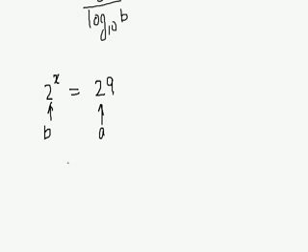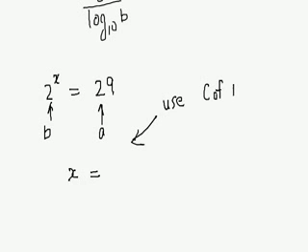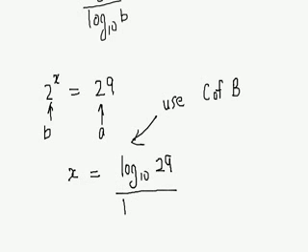So I'd say x, using the change of base rule, is equal to log 10 of a, of 29, divided by log 10 of b, which is 2.